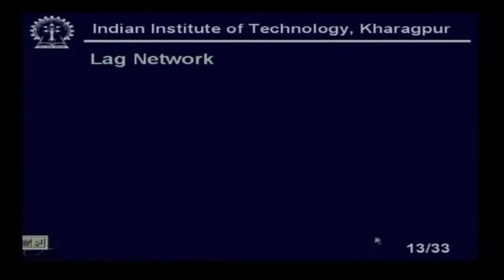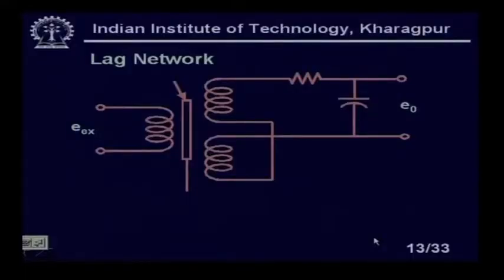As I told you, we need some lead and lag network. The lag network looks like this. This is a circuit for a lagging phase angle; if there is a phase angle, we connect this lag network, and it will kill the lag so that the output voltage will be in phase with the input voltage.